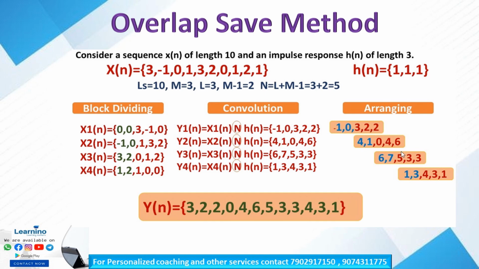This gives the final result, that is y of n is equal to 3, 2, 2, 0, 4, 6, 5, 3, 3, 4, 3 and 1. So this is the result of filtering the long duration sequence using the overlap save method.